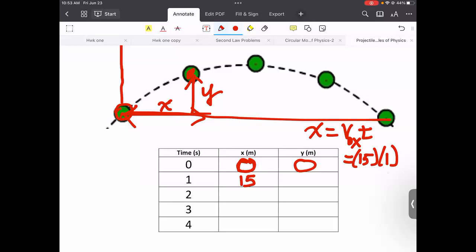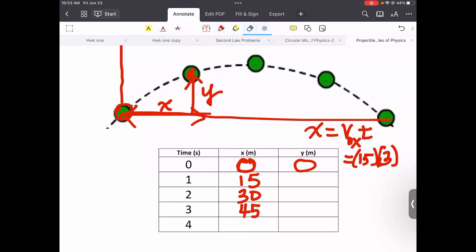Now I'll be changing the time because Vx naught is constant. When time is 1 second, it's 15 here. When I change the time to 2 seconds, the distance in the x direction will be 30. Then I change the time to 3, 3 times 15 is 45.